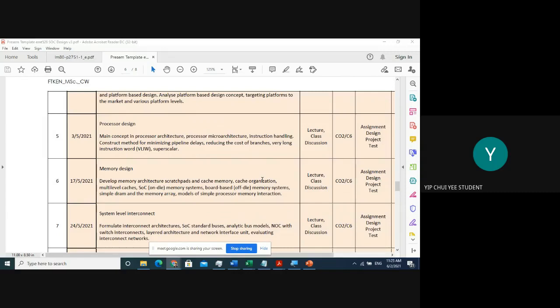Too many things. That's right. That's why when I see the syllabus, I know this is a broad subject. This is a combination of computer architecture, and some part of the fabrication subject, all the design for the different functionality.